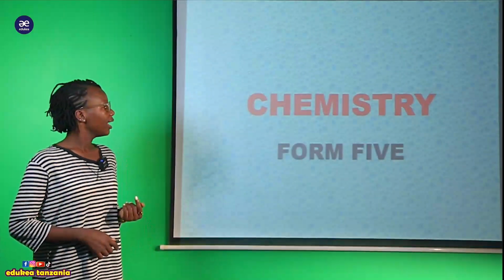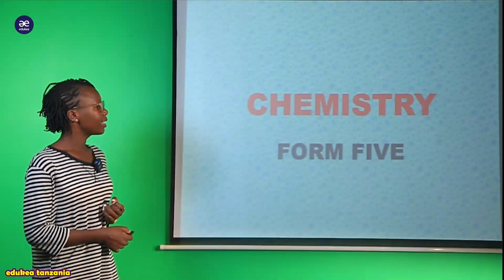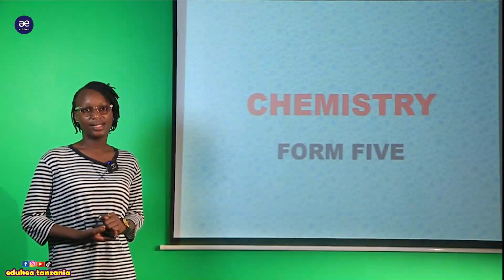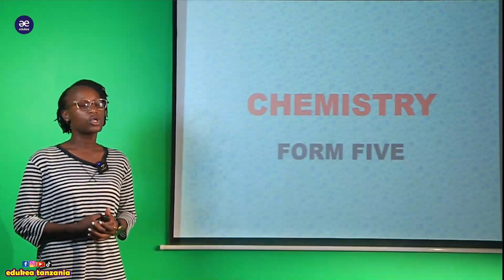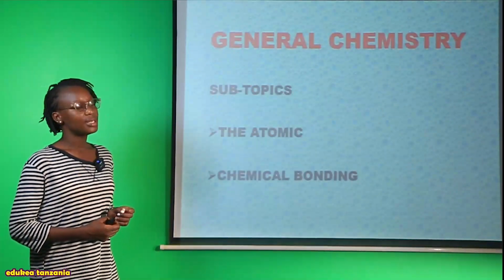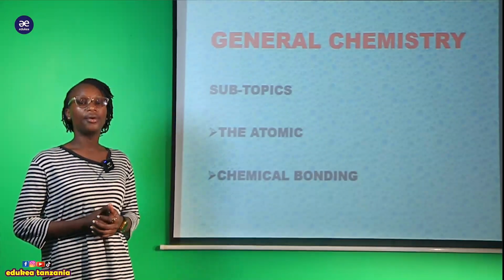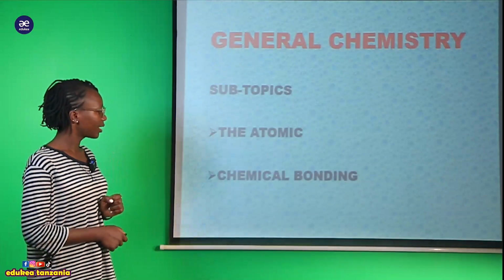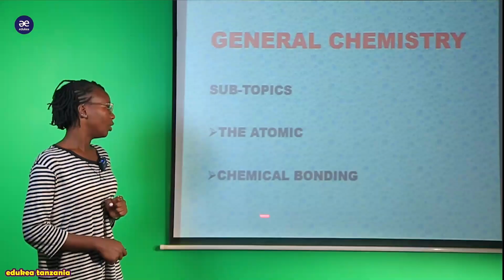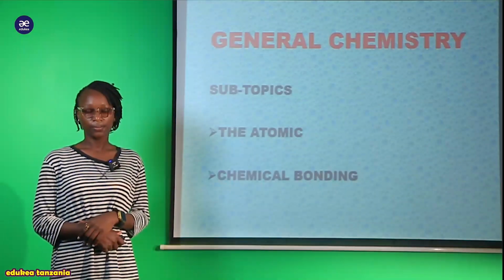And my student, here we have our chemistry subject and our class level is Form 5. So we are proceeding with the concept of general chemistry in our second topic, which is all about chemical bonding.